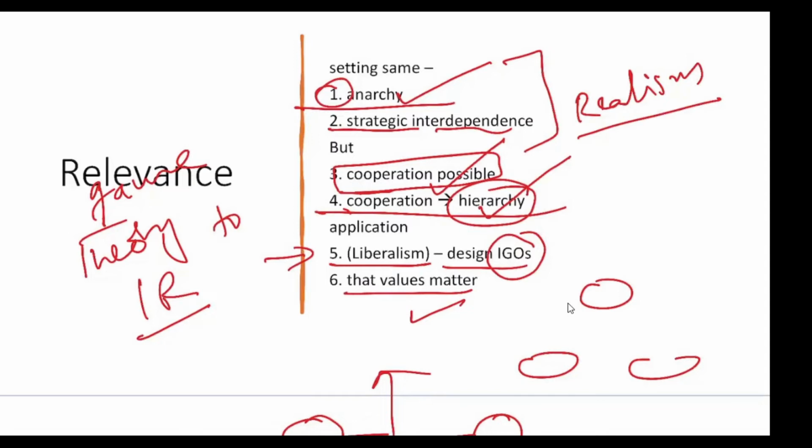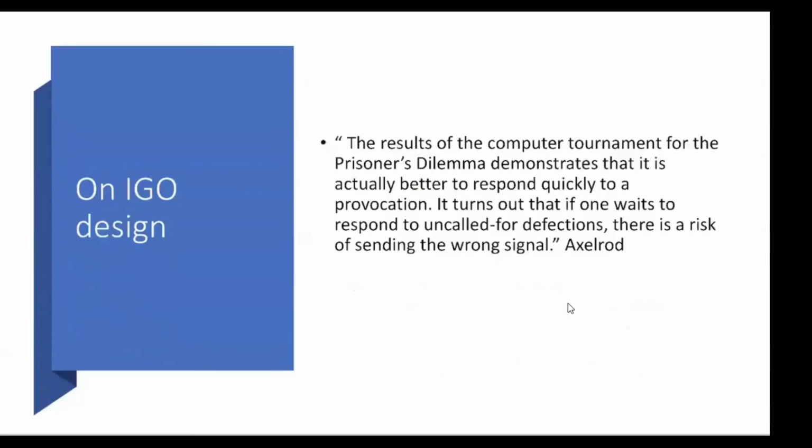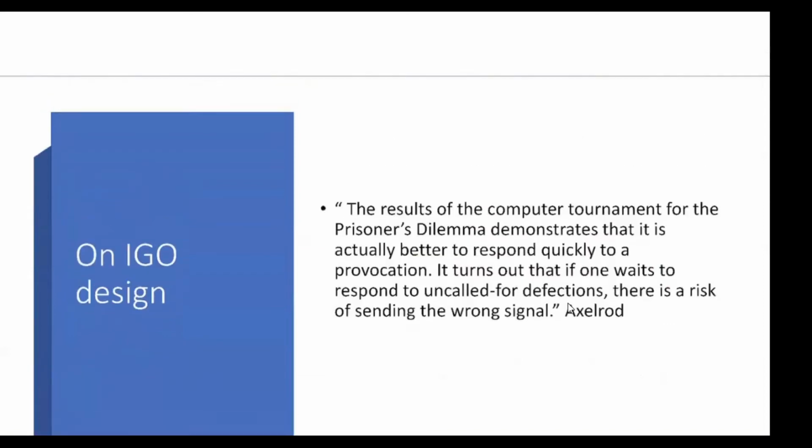Coming to more specifically in designing IGOs. This is how you design intergovernmental organizations in a way defection is punished.